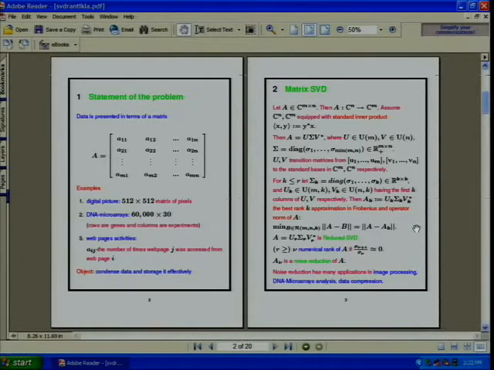So we want to approximate our matrix A, our data, with a lower rank. And how to do it right, and what is the right rank? That's where the SVD decomposition comes into the picture.